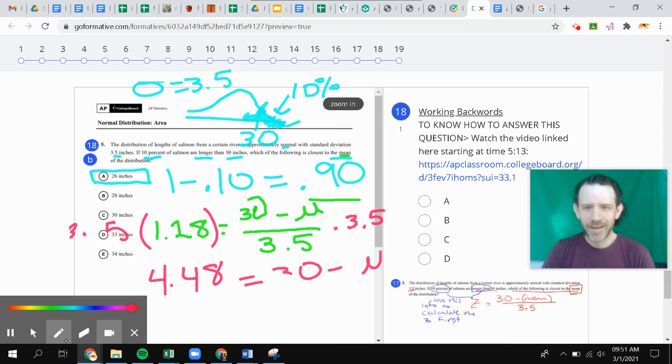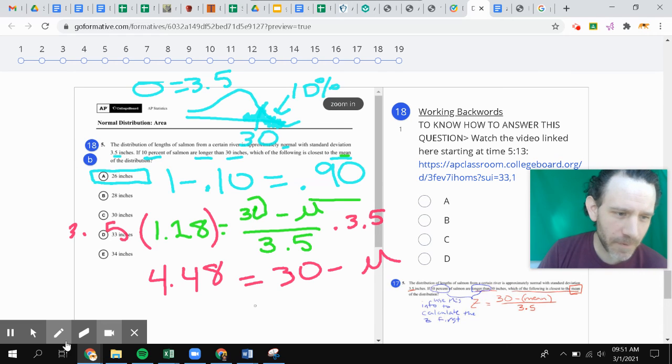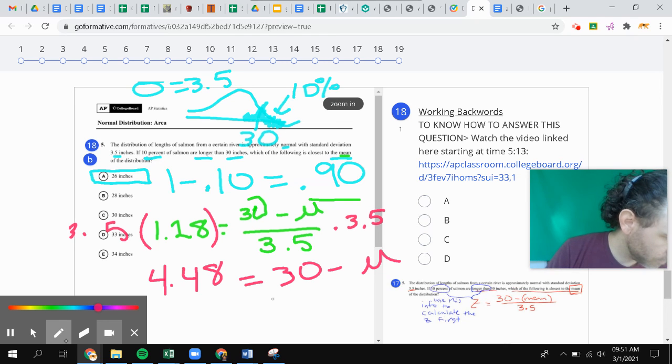Okay. And then to get the mean by itself, we have to subtract 30 on both sides. So we subtract 30 on both sides.